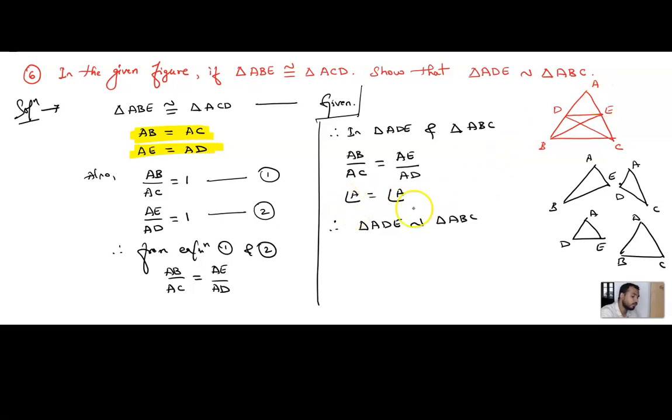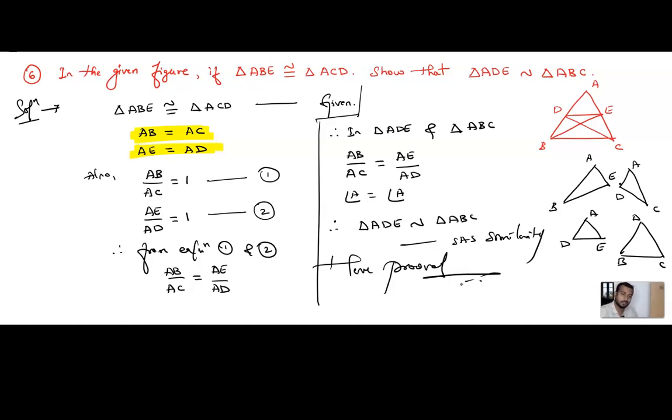And angle A is equal to angle A. So therefore triangle ADE is similar to triangle ABC by using the SAS similarity criterion. Hence proved. I hope you all have understood this problem.